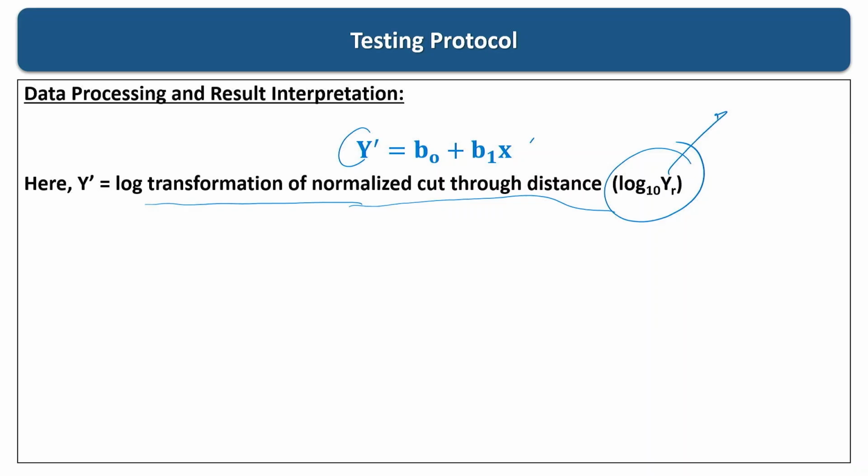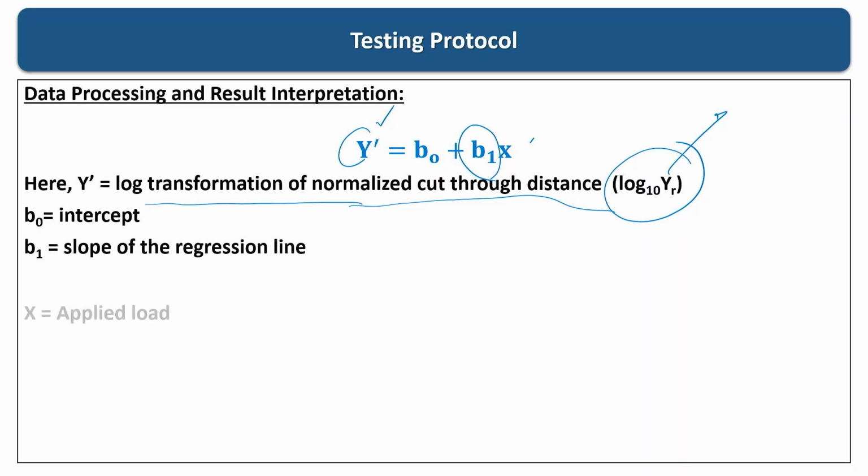B0 is the intercept and B1 is the slope of the regression line, which we will discuss, and x is the applied load.